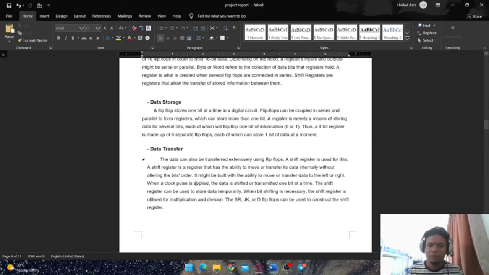When a clock pulse is applied, the data is shifted or transmitted one bit at a time. The shift register can be used to store data temporarily when bit shifting is necessary. See, the shift register is utilized for multiplication and division. The SR, JK, or D flip-flop can be used to construct the shift register.